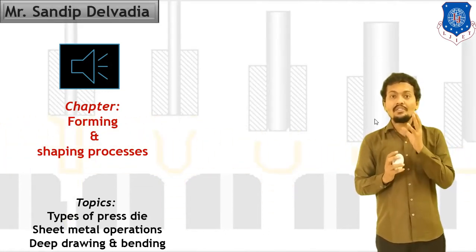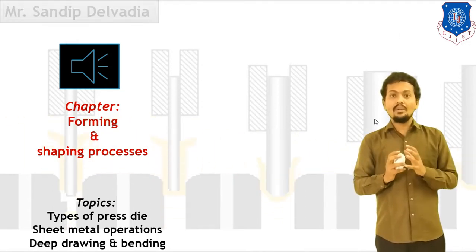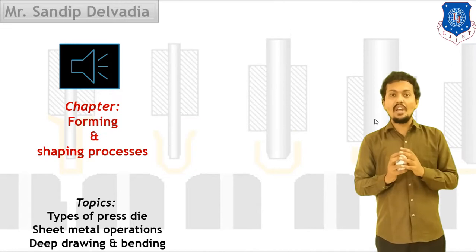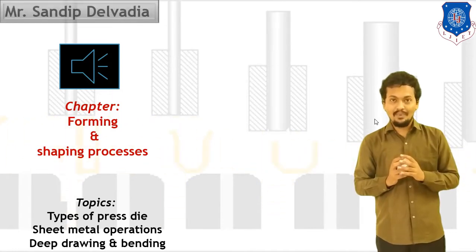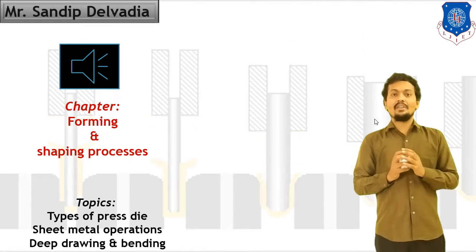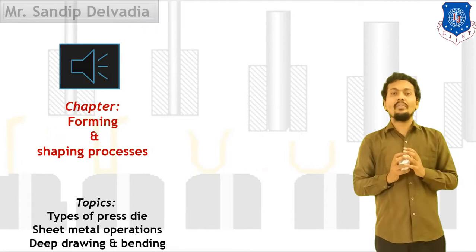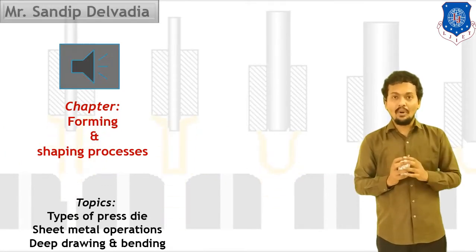So in forming and shaping processes, our purpose is to give the shape or to change the shape of sheet metal, right? So in today's session, let us start our discussion on different sheet metal processes under the category of forming and shaping processes.